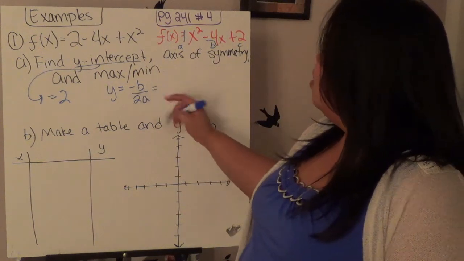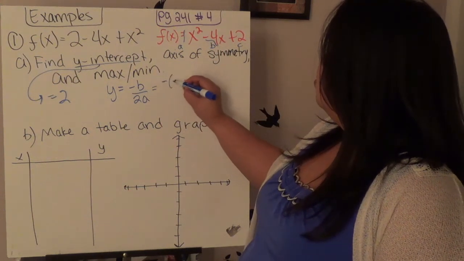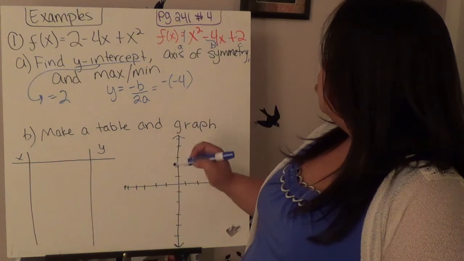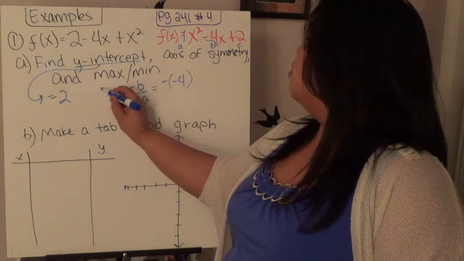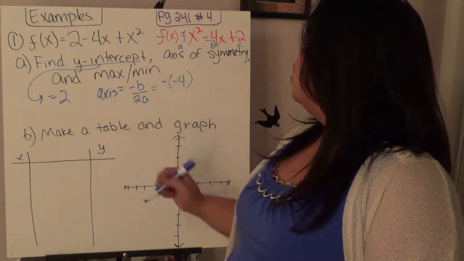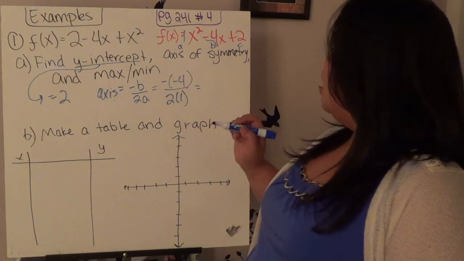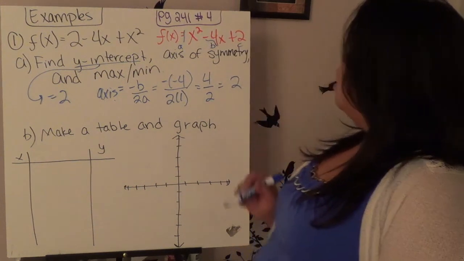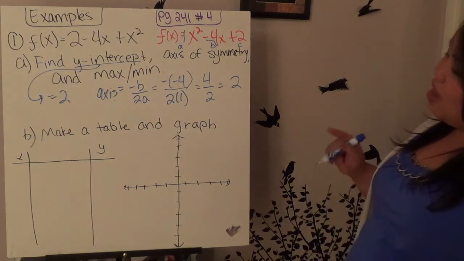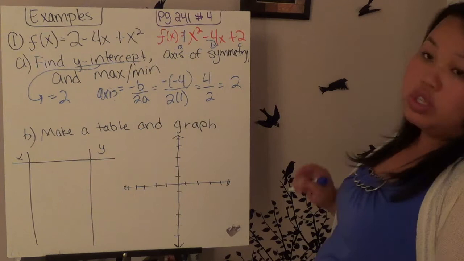So my b is negative 4. So negative 4 over 2 times a, which is 1. So negative and negative is positive, so 4, 2 times 1 is 2. So this gives me 2. So that means my vertex, the x-value is 2. So 2 is going to be my middle number.